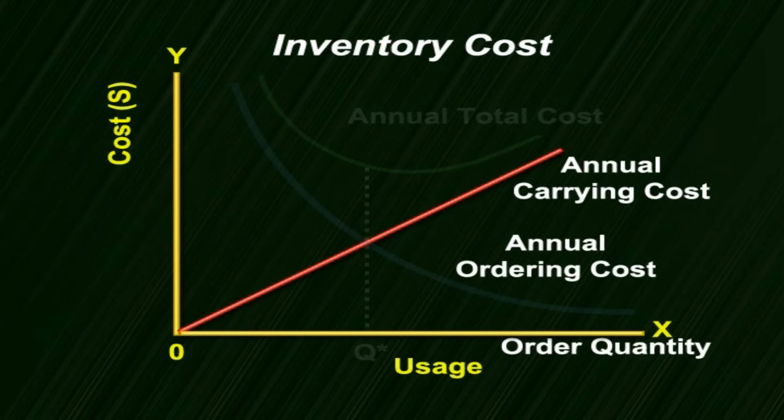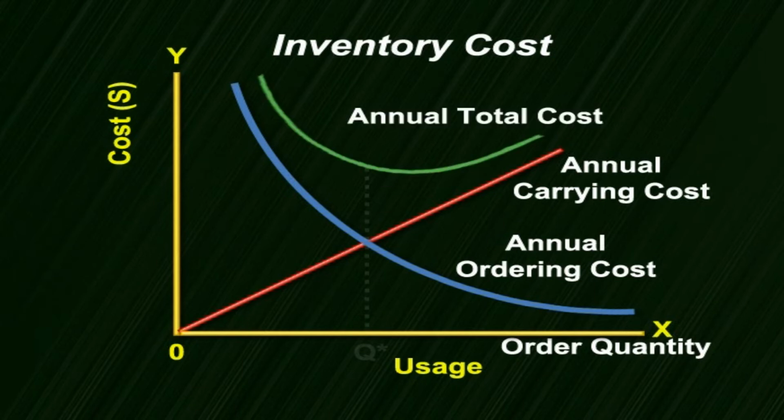Now we will draw the line of ordering cost. So the ordering cost line slopes downward, indicating that ordering cost decreases as order size increases. So it will come downward. Now next step is that we will draw a slope of total cost.